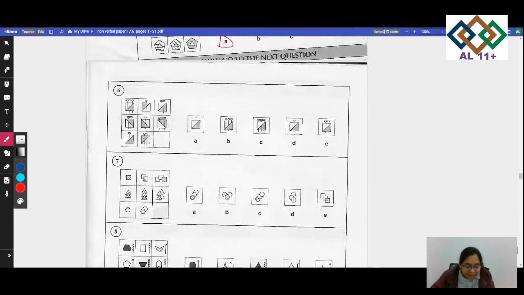So let's go to number 6. In number 6, we are looking at the lines. It has 3, 1, 2, 3, 2, 1, 1, 2. We know the top one would be a 3. So you need something which is 3 in this. So cancel the one which is not 3.